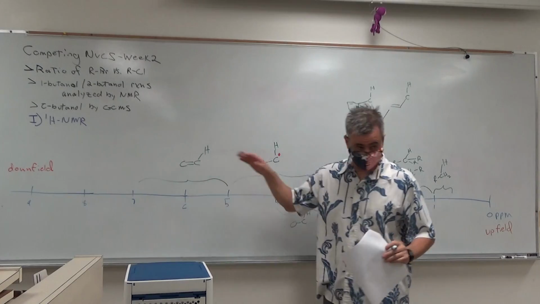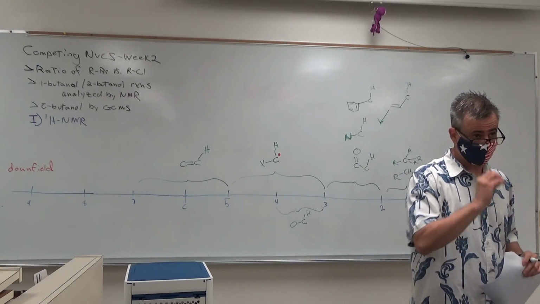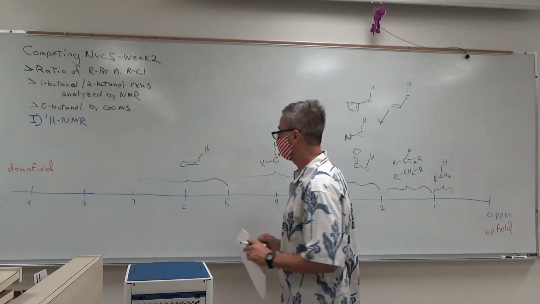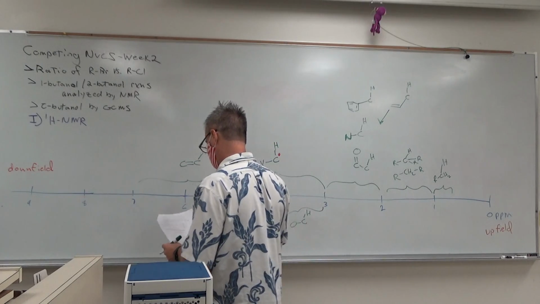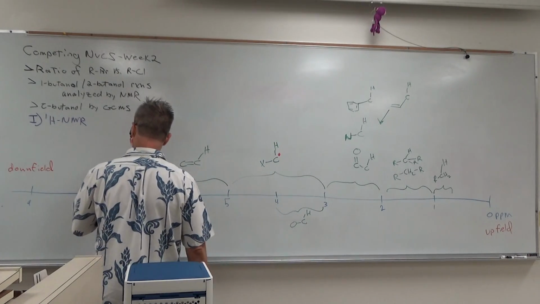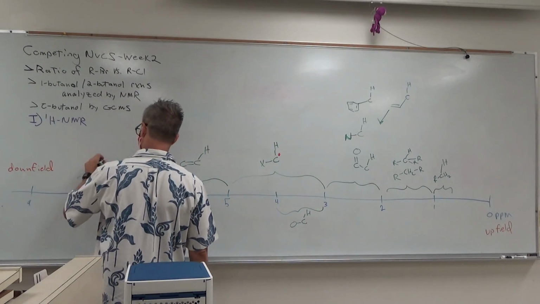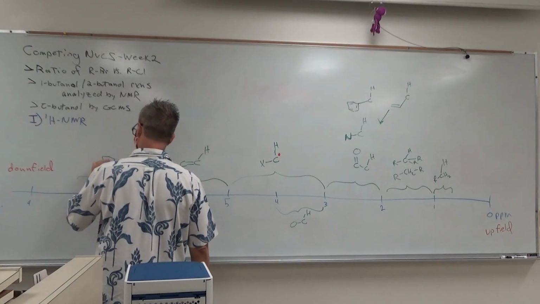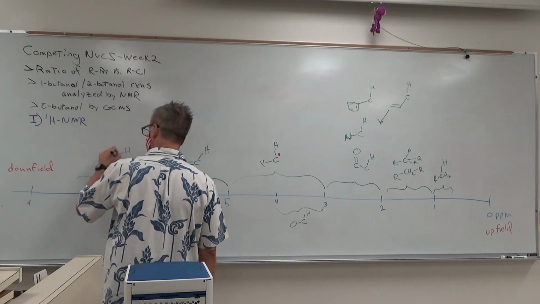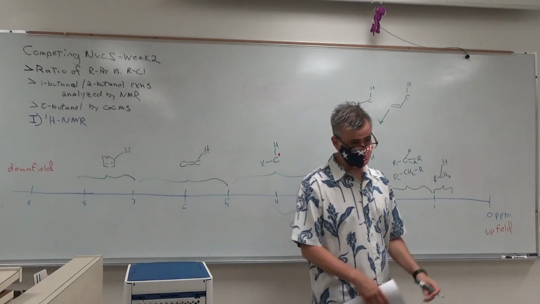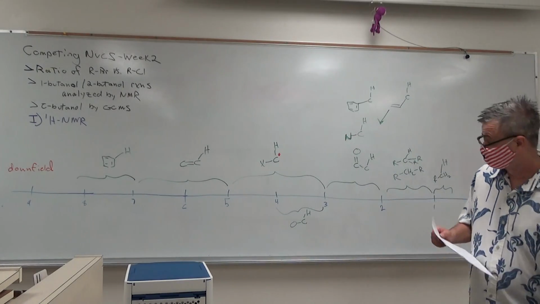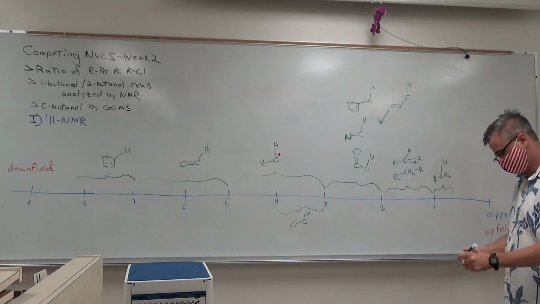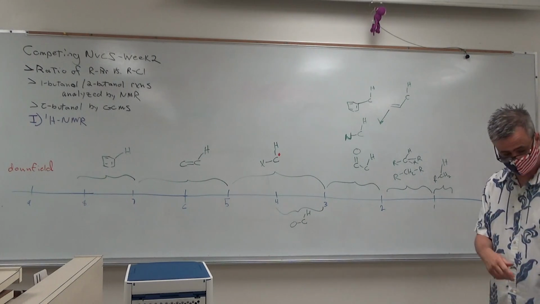They're H's that are on an alkene, on a double bond. And then aromatic tend to be in this range. And then you got some aldehydes down by 9 and 10, and carboxylic acids down by 12-ish.